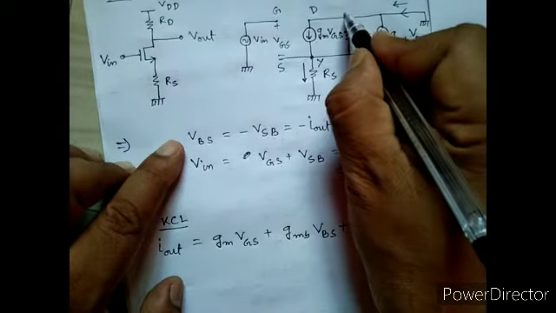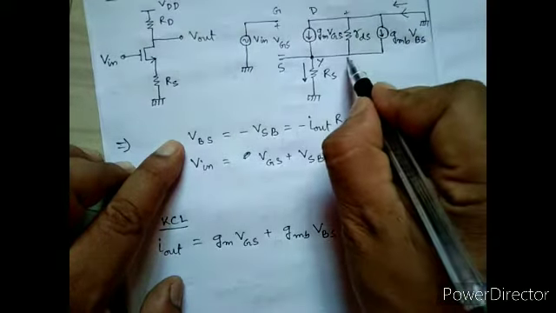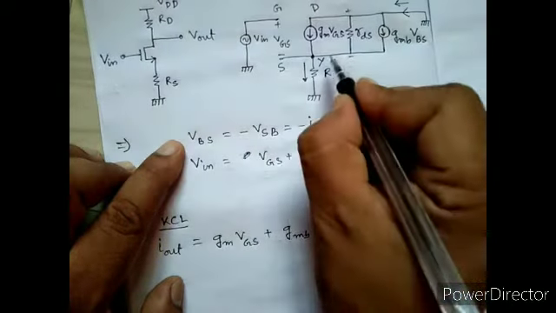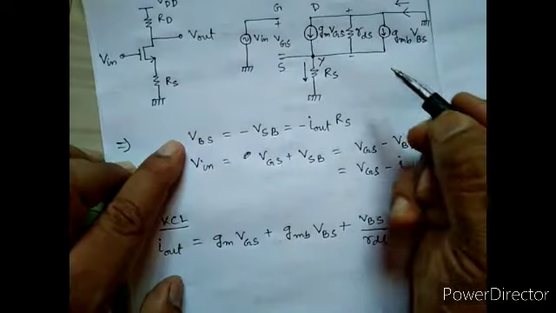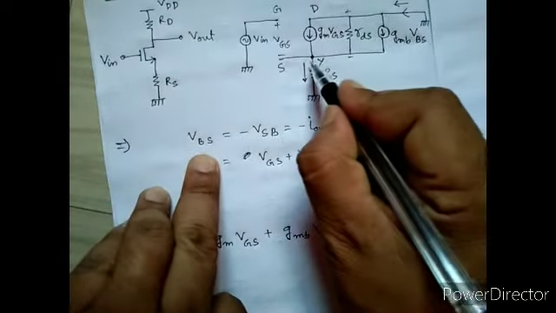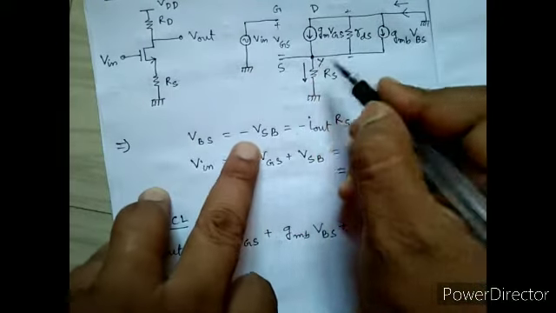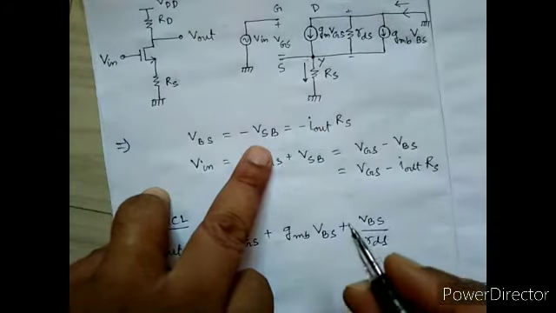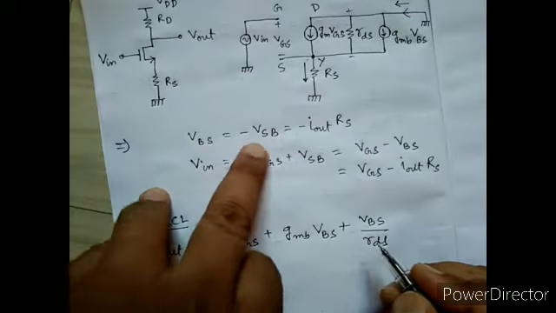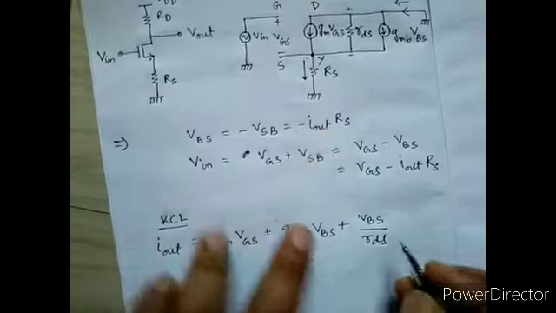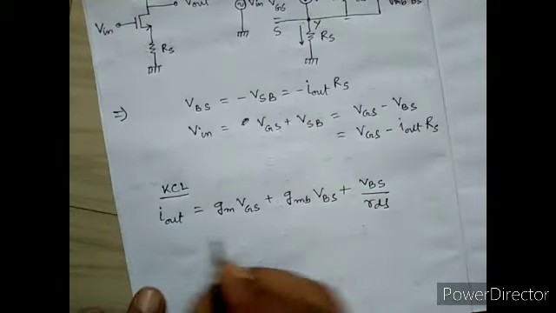Here the current is passing from this terminal to this terminal. This terminal is positive and this terminal is negative, but when we are calculating VBS, it is the source and body, so VBS equals minus VSB, which equals minus Iout times RS. Now if we replace this, we can write gm times VGS. VGS equals Vin plus Iout RS.